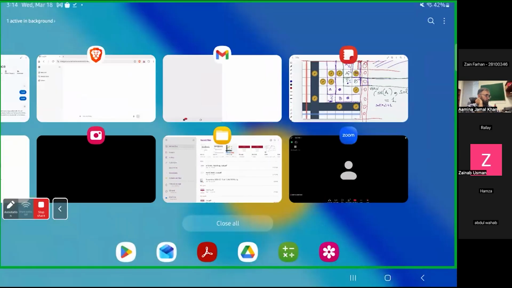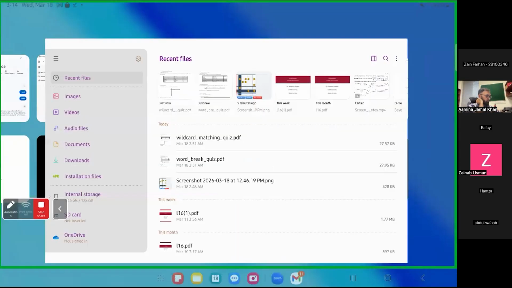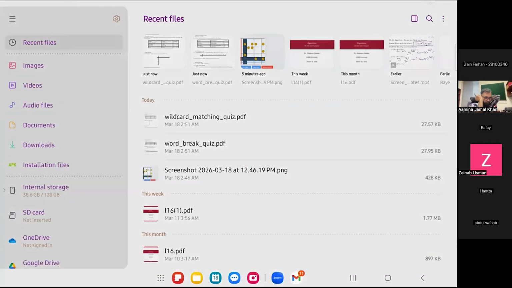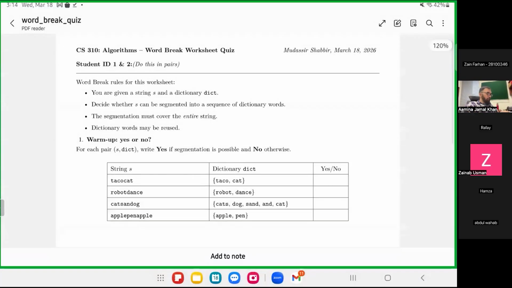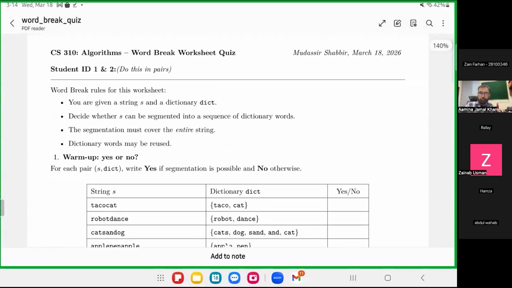Let me know when everyone is there. All right. Raise hands if you have found the corresponding worksheet 6 on LMS.